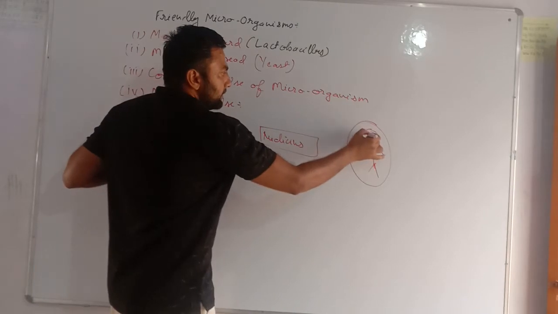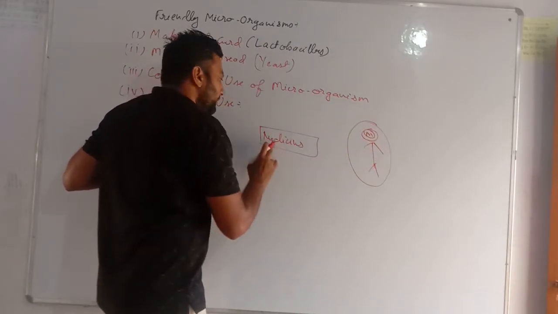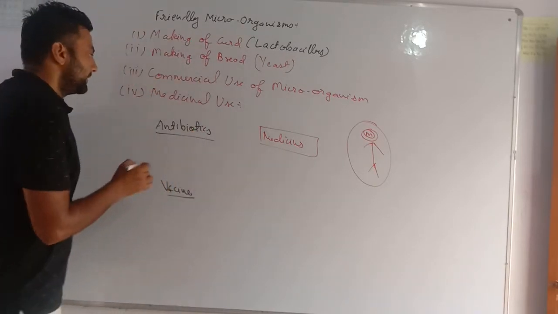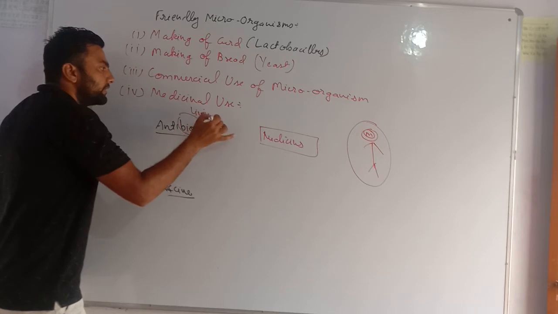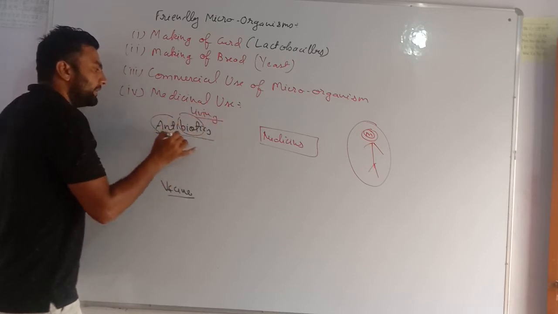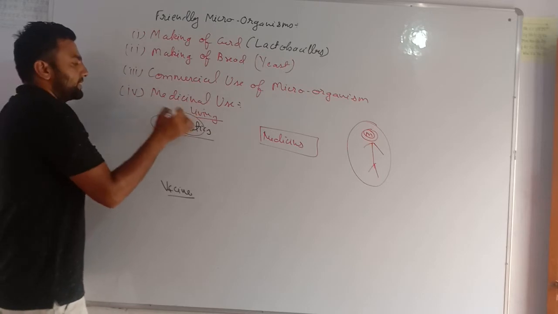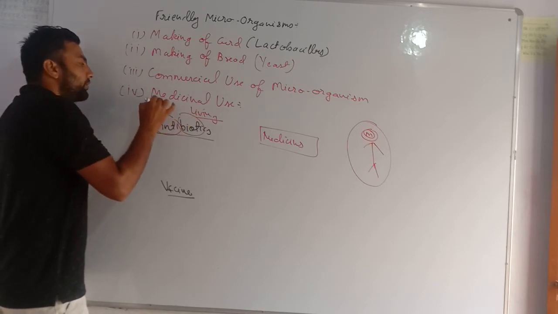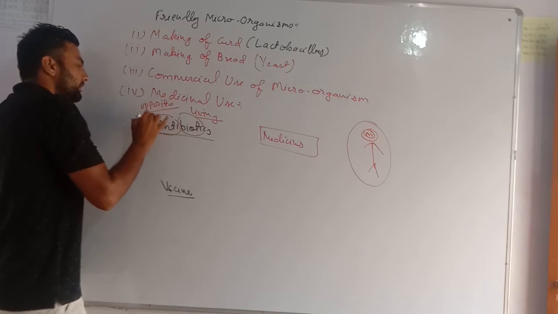There are microorganisms which cause disease to me. Bio means living thing. Anti means opposite or killer.